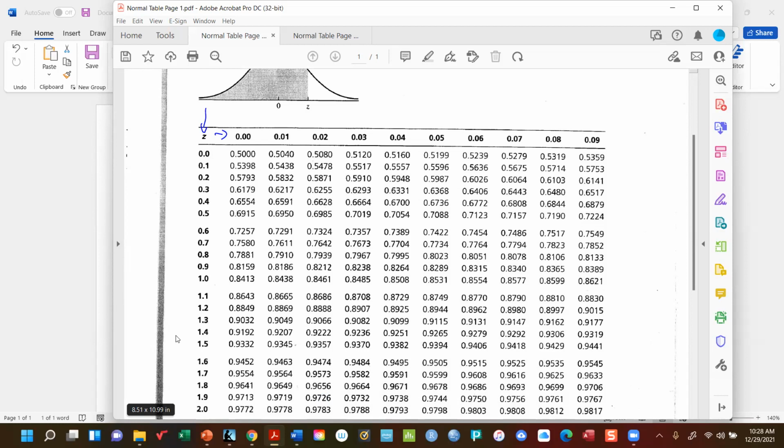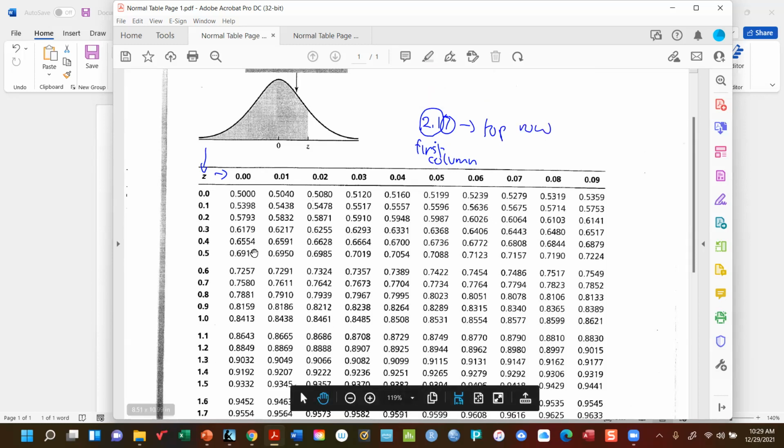So the first column shows, let's say you have a number like 2.17. This piece comes from the first column. This 7 comes from the top row. Actually, let me make that a little cleaner.